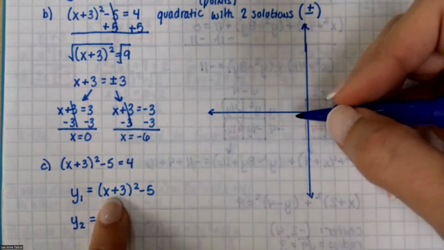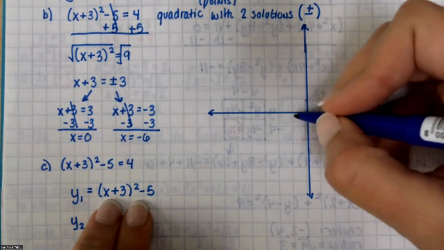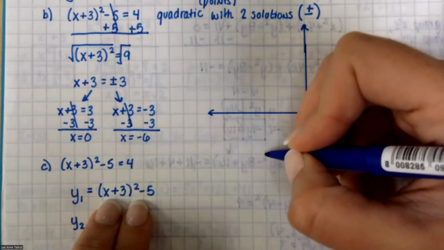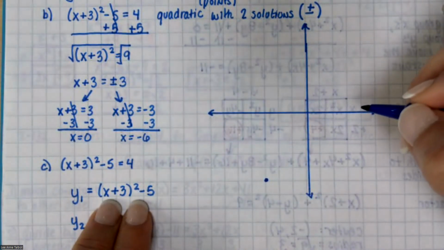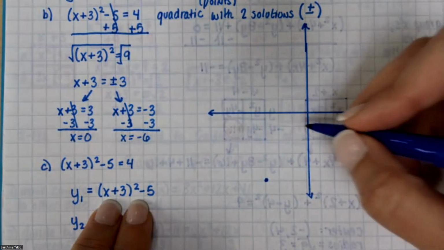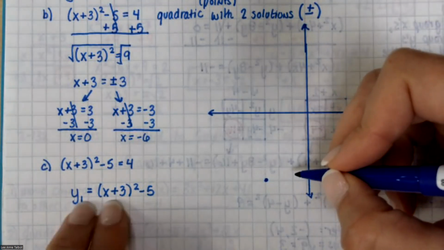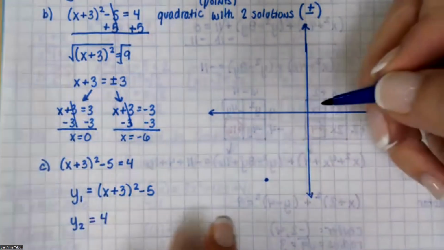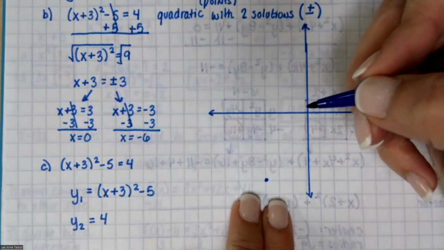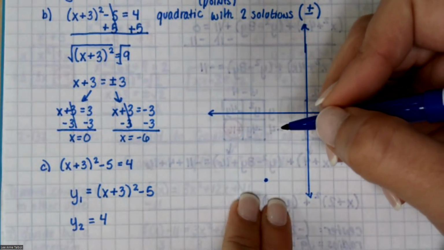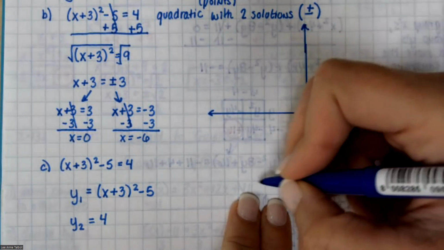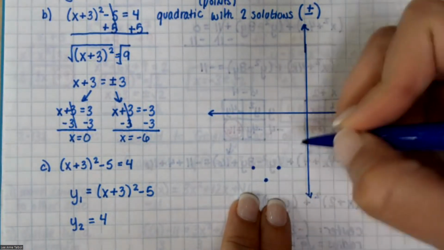So this is vertex -3, -5, and it has an A value of 1, which means I get to do what? Do you remember Mrs. Talbot's trick for an A value of 1? Yep, up 1 over 1 in both directions.